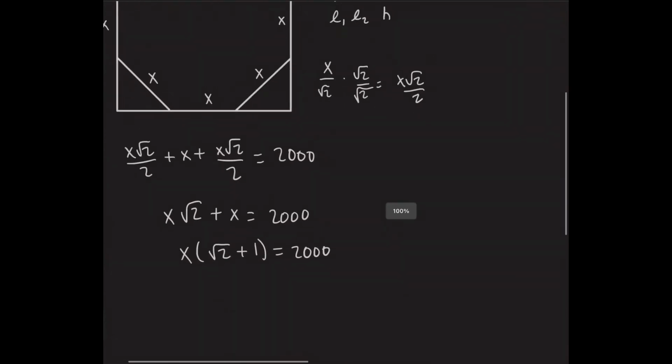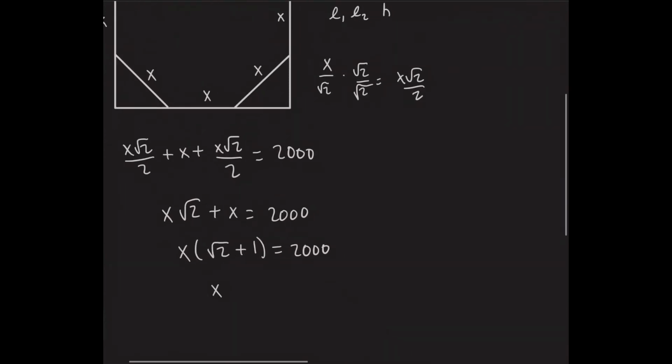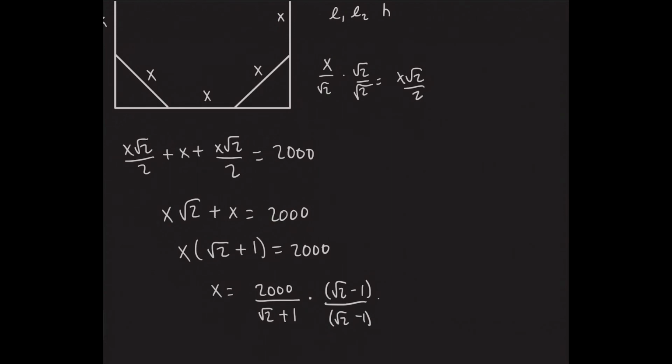And then we get that x equals 2000 divided by root 2 plus 1, if we divide both sides by root 2 plus 1. And then we can multiply this by root 2 minus 1 over root 2 minus 1, which is just multiplying by 1. And we get 2000 times root 2 minus 1.